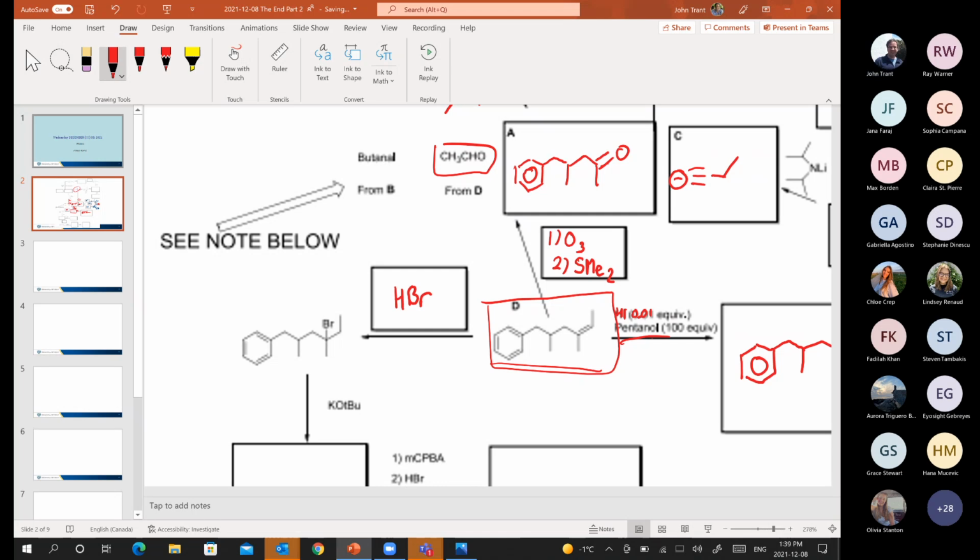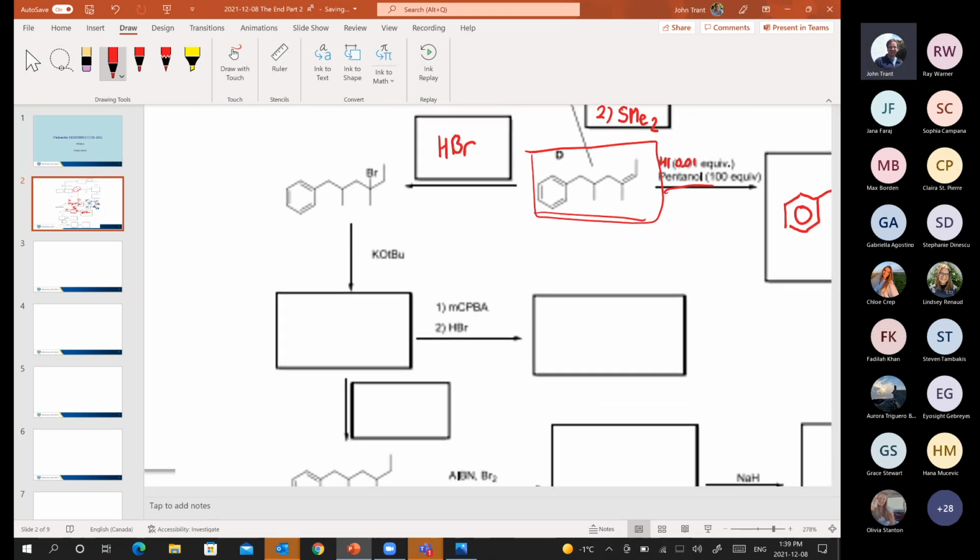Perfect. Okay, I treat that with potassium t-butoxide. What happens?